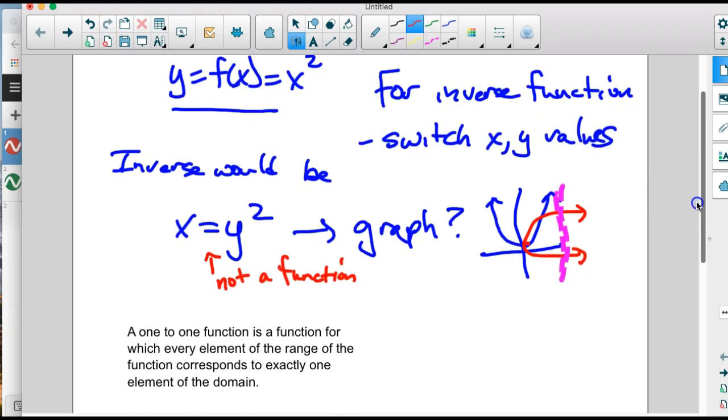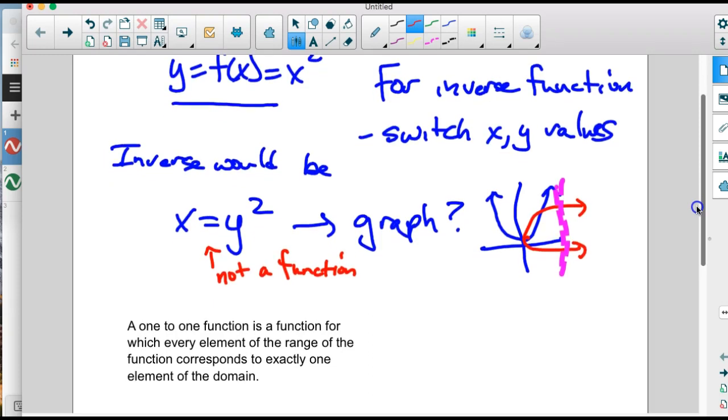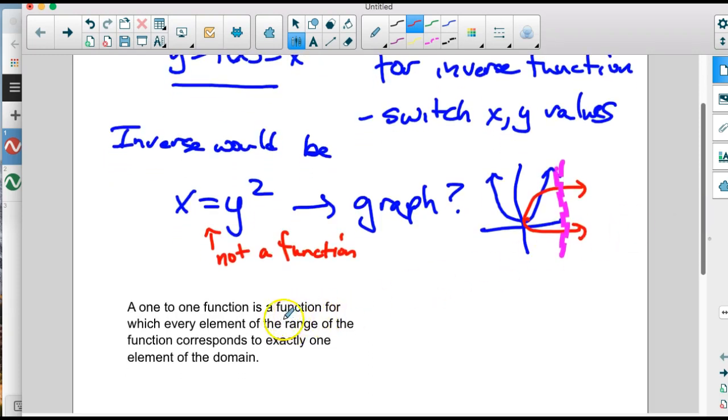Now what we have to know to make sure that an inverse happens is the function has to be one-to-one, what we call a one-to-one function. A one-to-one function always has an inverse. A one-to-one function is where we have exactly one element in the range for exactly one element in the domain.